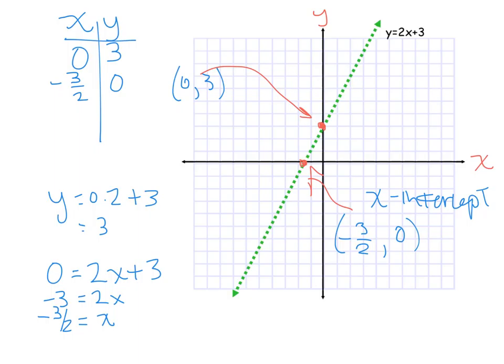Every line that isn't a vertical line or a horizontal line will have 2 intercepts unless it goes through the origin, in which case it has both of those intercepts at the same time because it goes through the point (0, 0). So our next slide will discuss what happens with either a horizontal or vertical line.